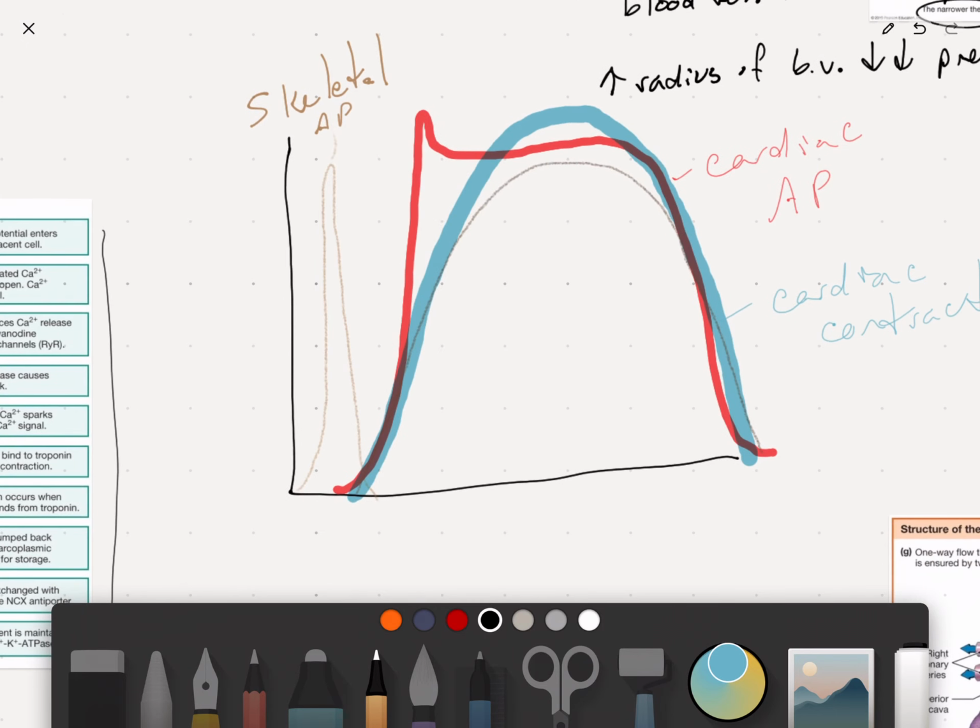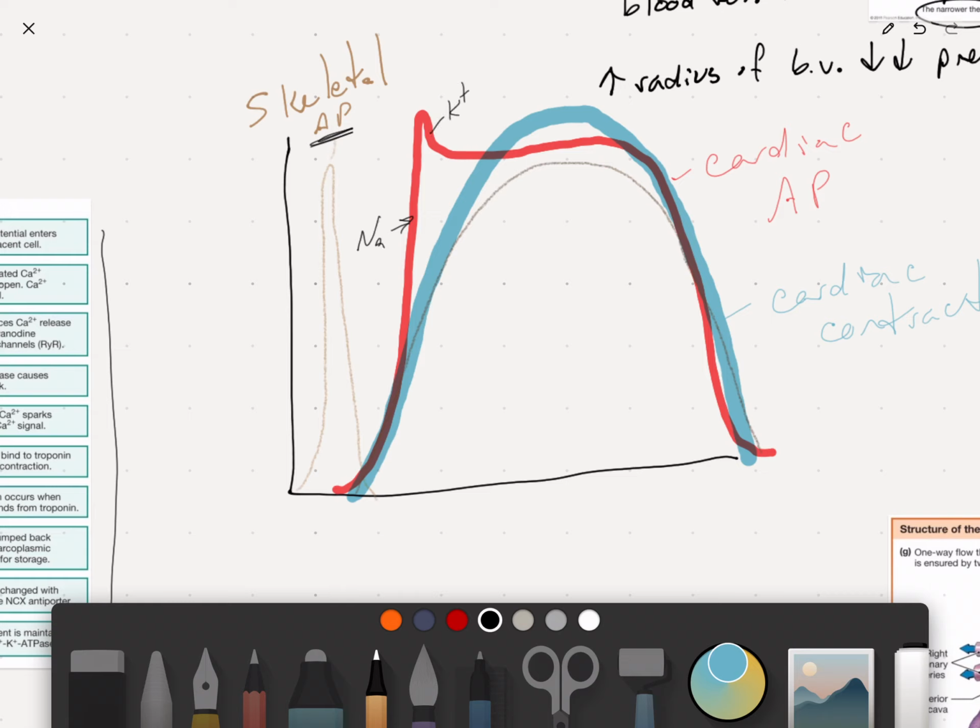Now, the action potential is what causes those DHP channels in the T tubules of cardiac myocytes to open. Here we have the skeletal action potential, really short, 2 milliseconds. Cardiac muscle cell action potentials are a bit longer because here you have sodium coming in.